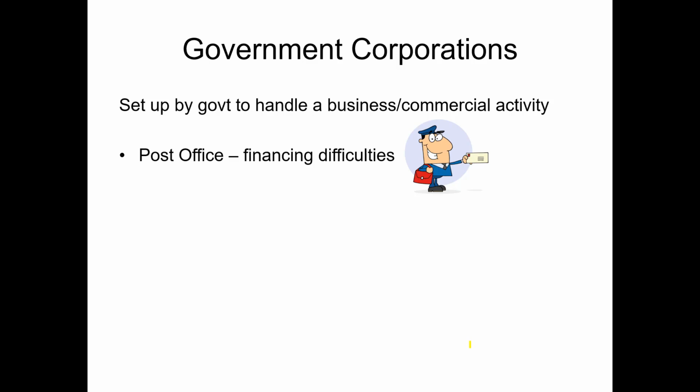But with the onset of the internet in the 90s, the post office has had financial difficulties for quite a while. They've been trying to figure out how to break even. Some ideas such as closing on Saturday have not been a popular alternative. They've also looked at some ideas such as setting up a post office credit union, where the post office could serve as a savings institution as well.